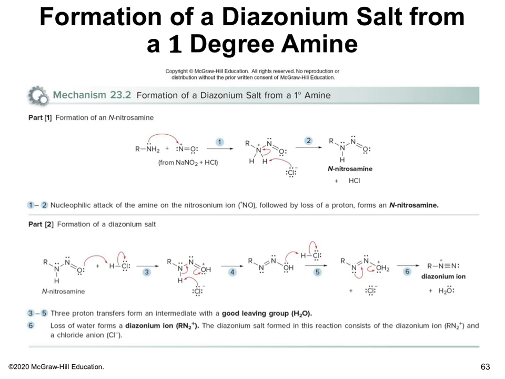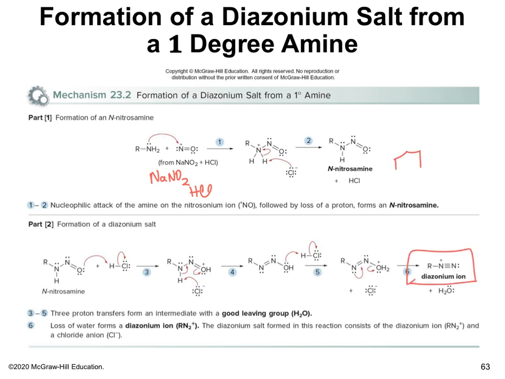So here, anytime you have NaNO2 and you add an HCl, this is your reaction mechanism. You don't need to memorize this, and I won't ask you to show it, but it's kind of lengthy. You get a lot of protonation, deprotonation, but I do want you to be able to draw this intermediate.